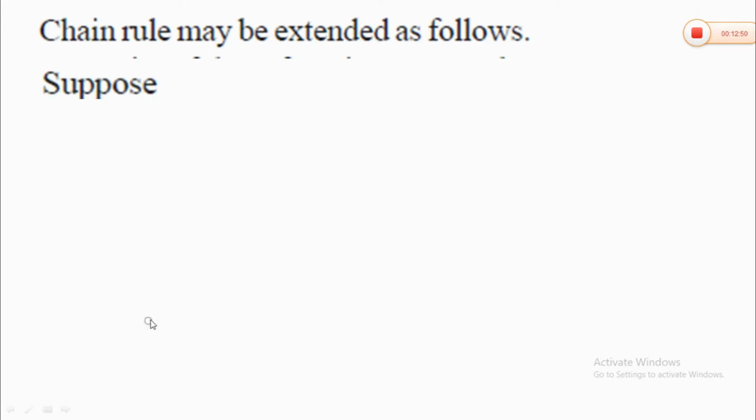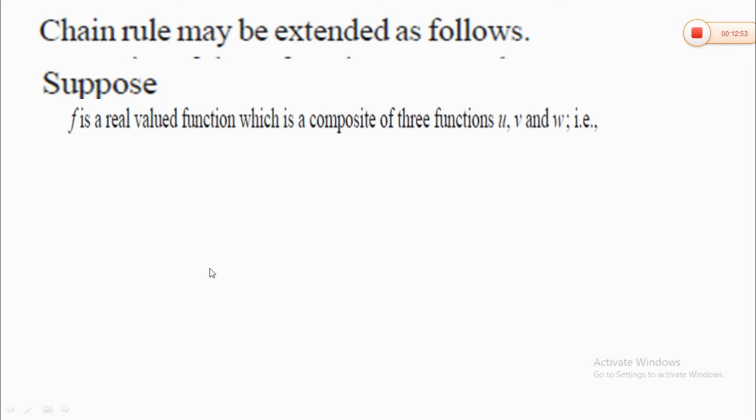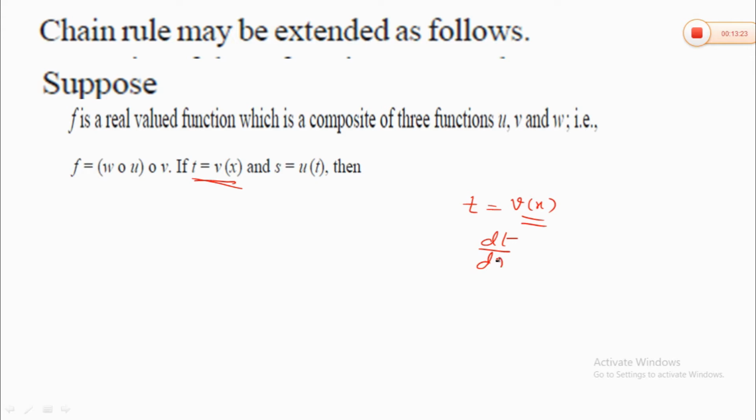Now we can extend this to a composition of three functions. Let f be the composition of three functions, w, u, v. Here t equal to v of x. Therefore the derivative of t with respect to x is dt by dx.